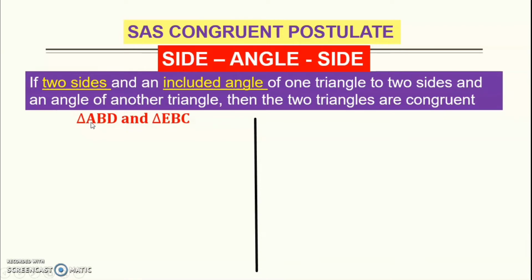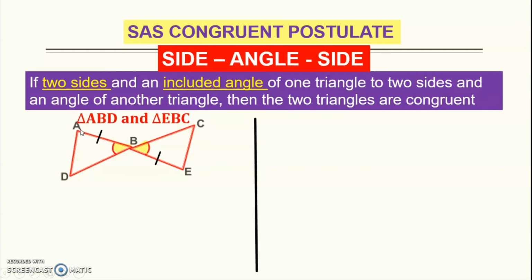We have an example, triangle ABD and triangle EBC. So, first side natin is AB, side AB, congruent to side EB. So, imamark natin para makita natin kung sino yung magka-corresponding or congruent.